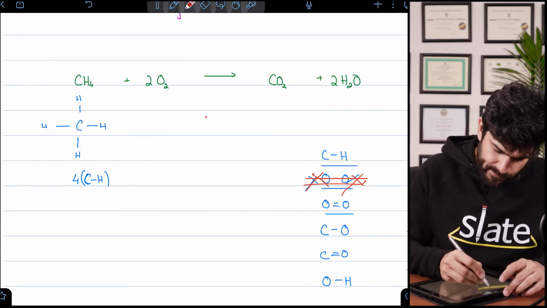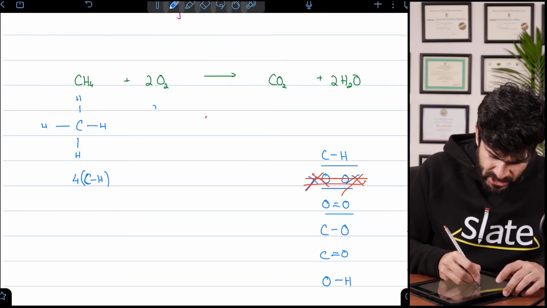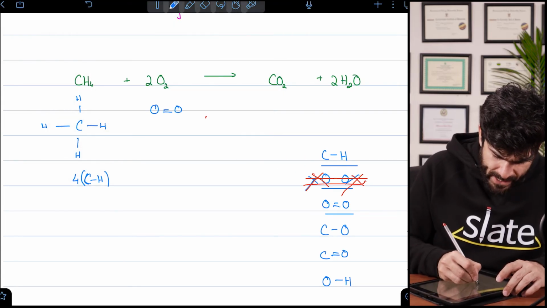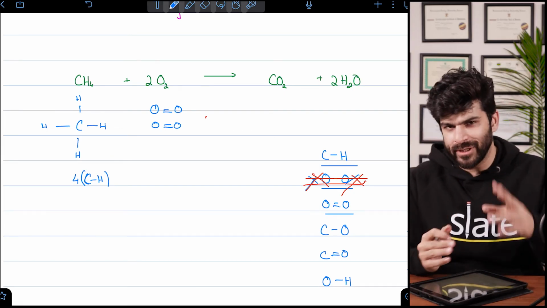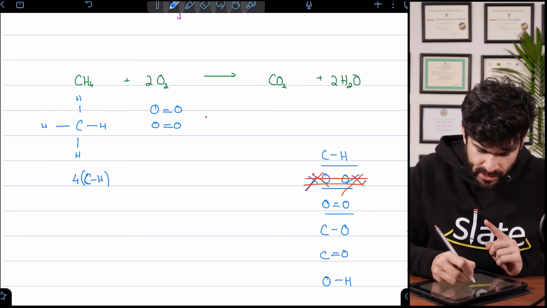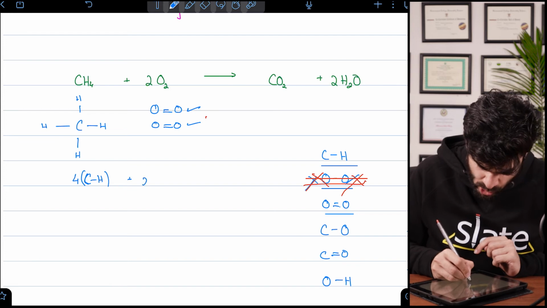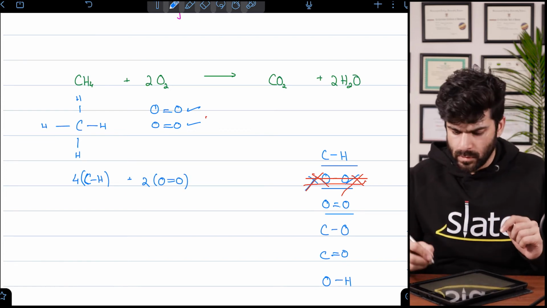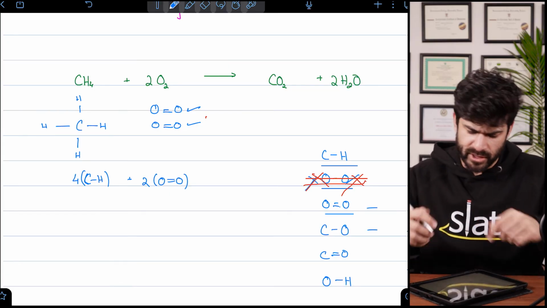So here we have, it's better to make the number of moles, because there are 2 oxygens, so make it 2, that way you never make a mistake. So how many oxygen double bonds do we see? 1, 2. So I will multiply this value by 2. We have the bond energy values given along with it. We'll just solve a question after this.